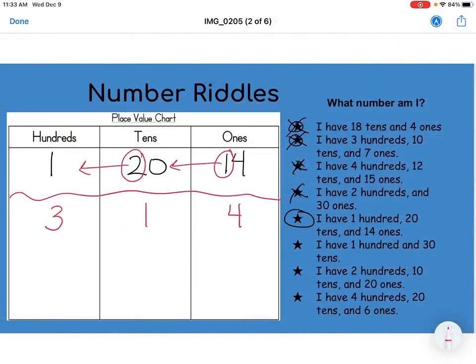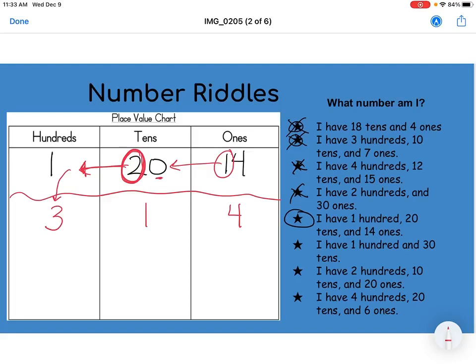Okay, here we are, and we had some regrouping to do. We saw that we have 2 hundreds in 20 tens. We have 2 hundreds to add to the 100 in that column, which is how I ended up with 3 hundreds altogether, because 100 plus 2 hundreds is 3 hundreds.